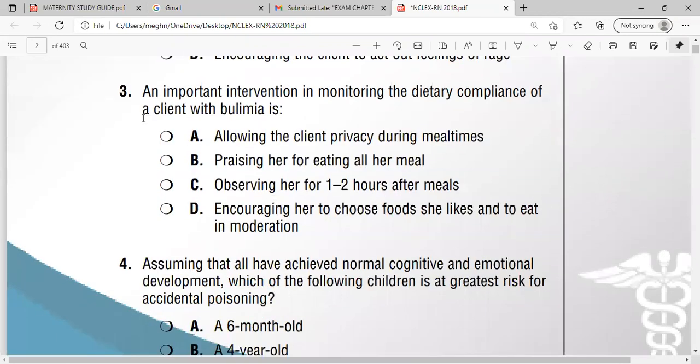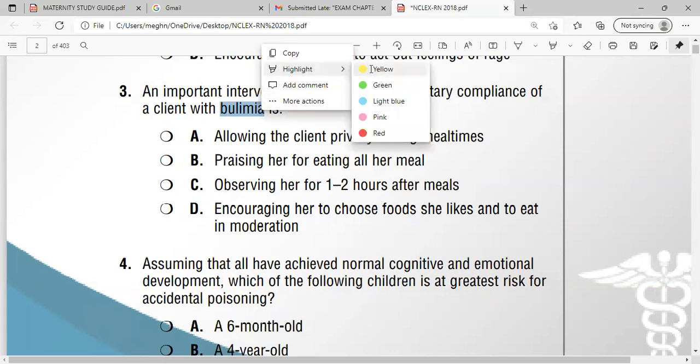Next question. An important intervention in monitoring the dietary compliance of a client with bulimia is: so the question is about the eating disorder, bulimia.